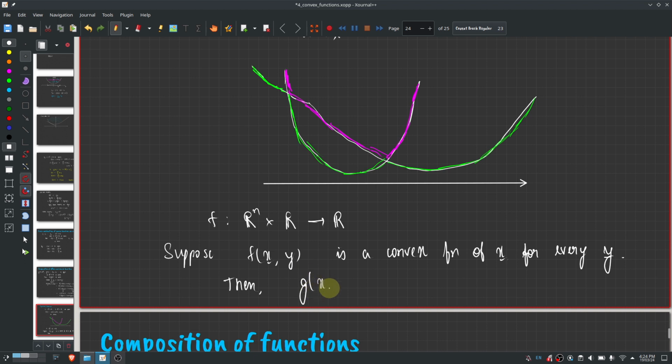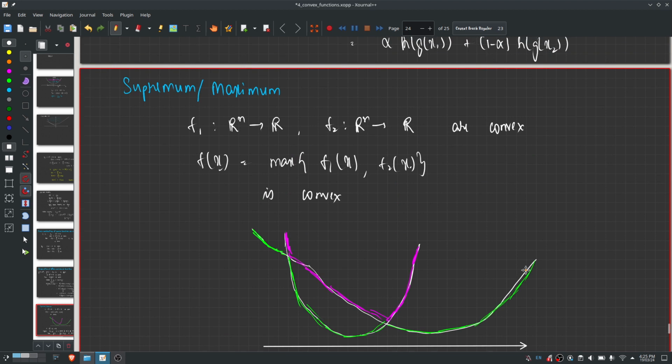Now I can define g of x as the supremum over all possible y of f of x comma y. Here I could be taking the supremum over an infinitely large set. So this function is always convex. You can think of this as a generalization of my previous statement.